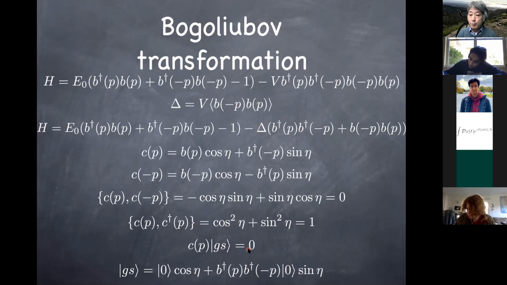And the helium-3 superfluid is indeed described by this BCS state of the condensate of pairs of fermions. So a pair effectively behaves as a boson as a whole. Then you have a condensate of that boson combination of b minus p, b p. And indeed, this BCS state is a condensate of that pair of the p and minus p states of fermions. And that's the idea of the BCS theory.